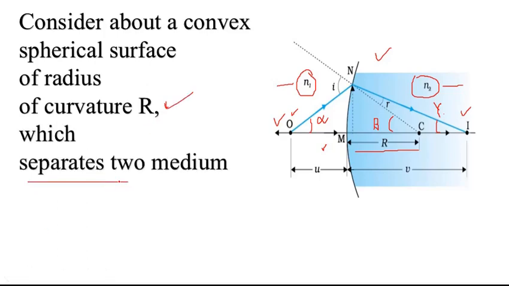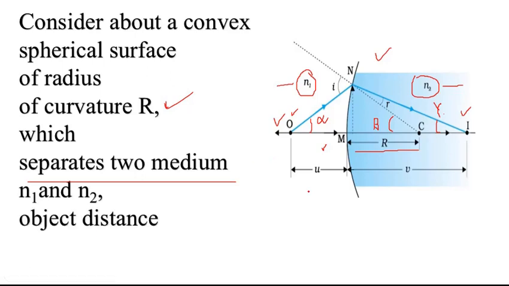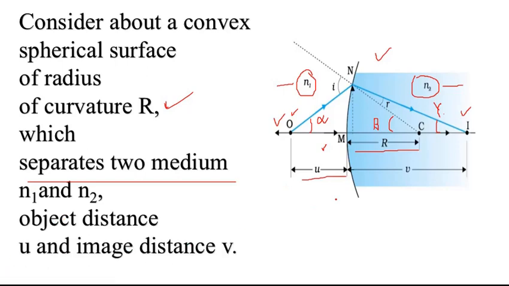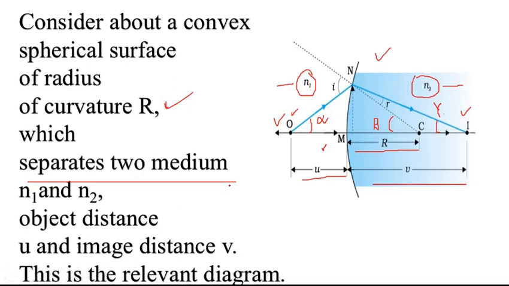The surface separates two media of refractive indices n1 and n2. u is the object distance and v is the image distance. So this is the relevant diagram of n2 by v minus n1 by u equal to n2 minus n1 by r.